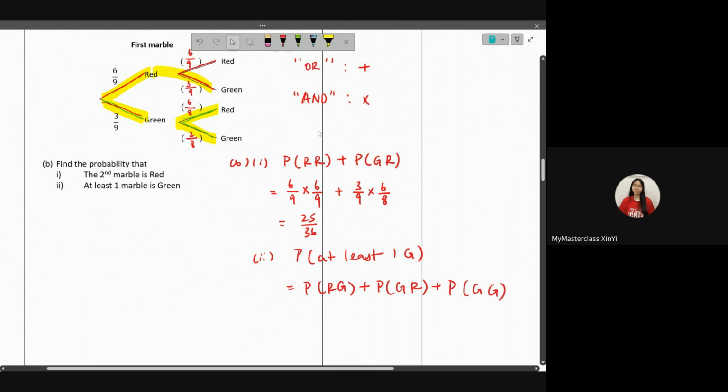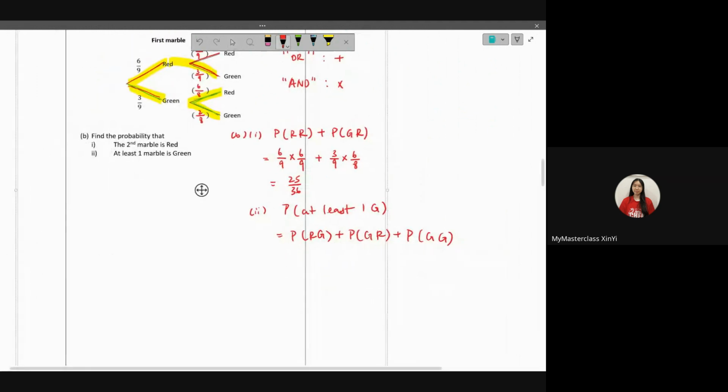Okay, so if I'm going to work out this probability, it's going to be 6/9 times 3/9 plus 3/9 times 6/8 plus 3/9 times 2/8. Okay, so this is going to be 5/9.